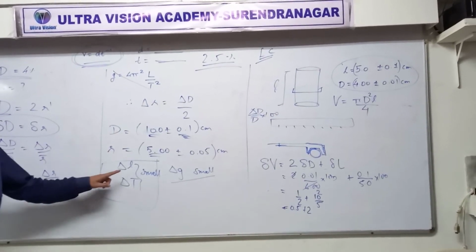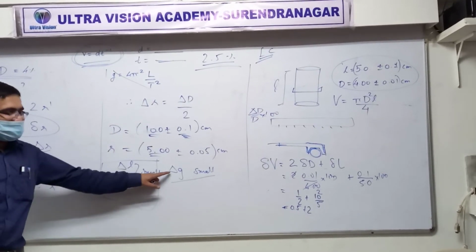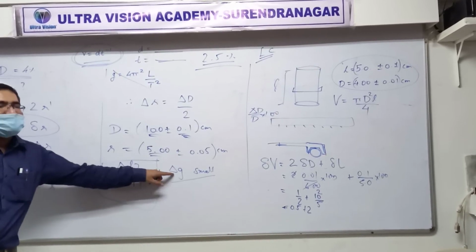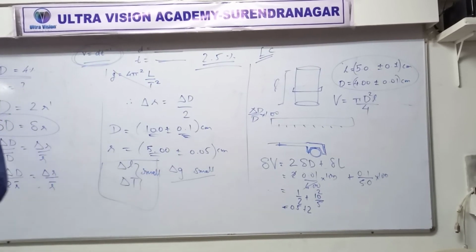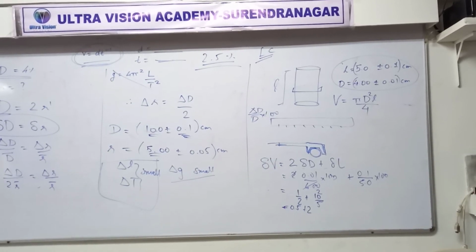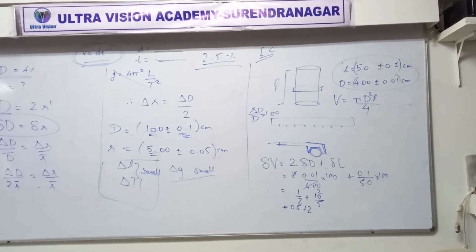If you measure L and T properly, then you will have less error in g. If you measure L and T with errors, you will get more error in g. Got that? So look at the four options. Which one has less error for L and for T also? D, the fourth one. Yes or no?